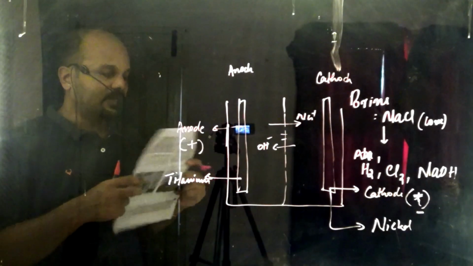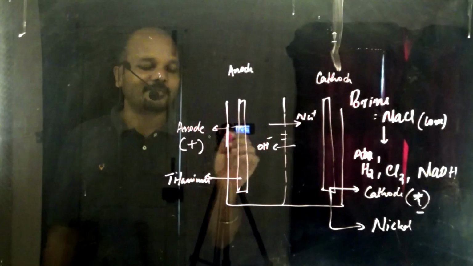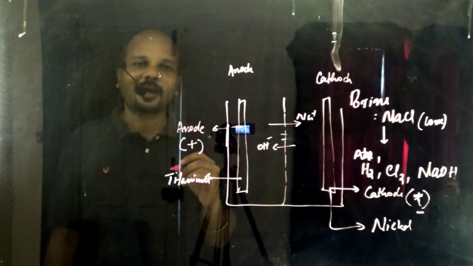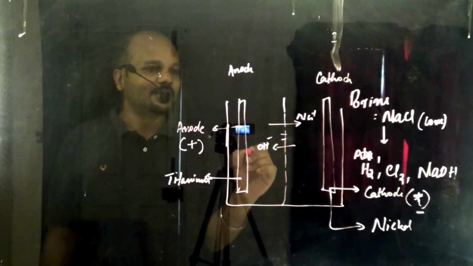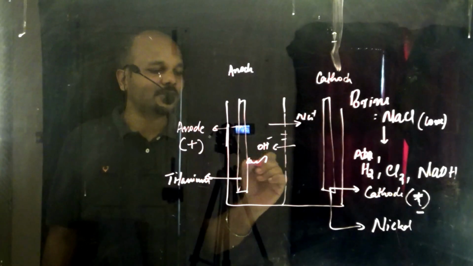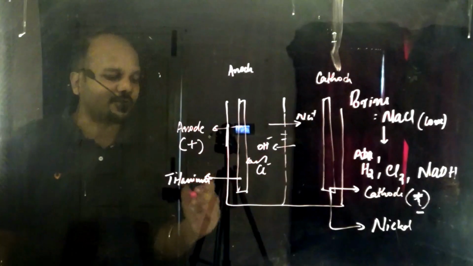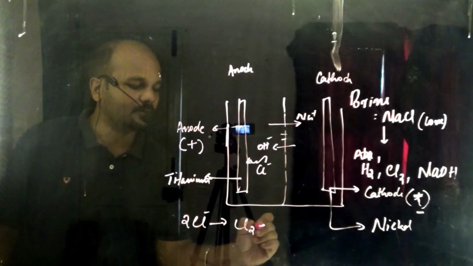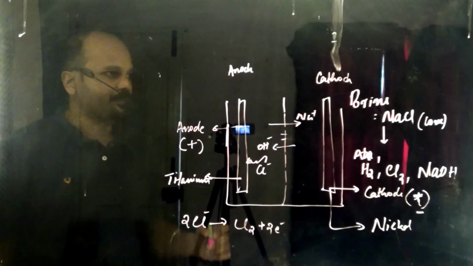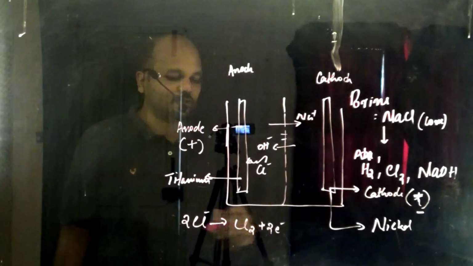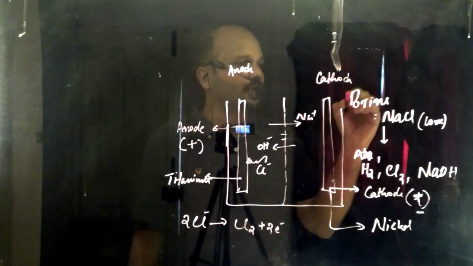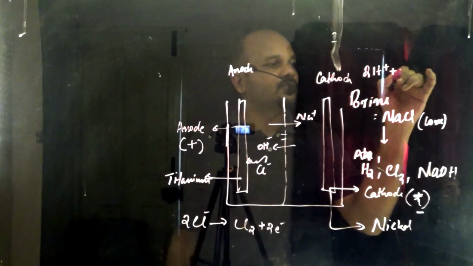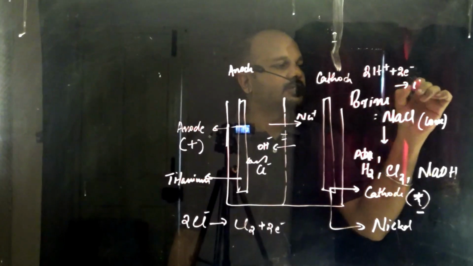From the solution on the left side, at the anode, you can see the anions: the Cl- anion goes to the anode, and Cl- gives Cl2 plus 2 electrons. At the cathode, 2H+ plus 2 electrons gives H2 gas.